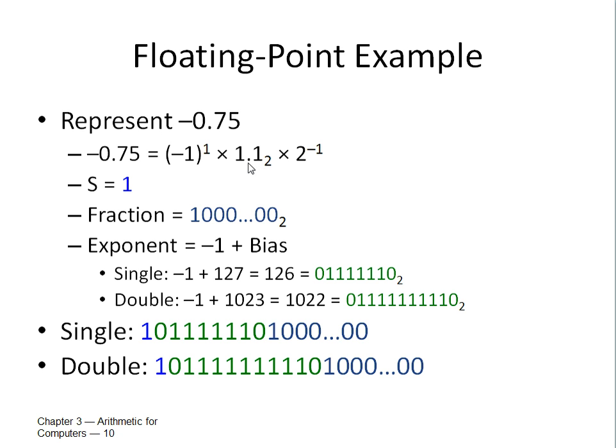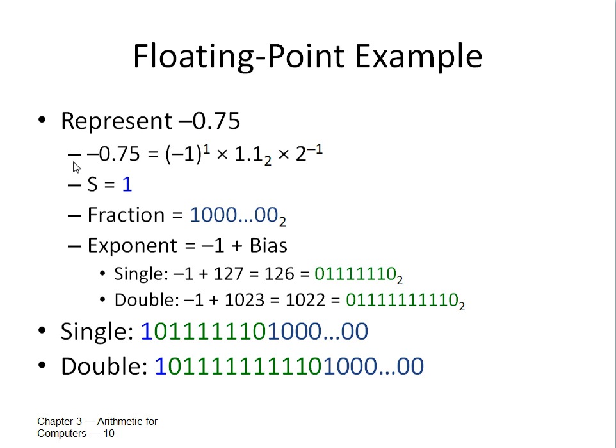Move the radix point over 1, that divides by 2. Multiply by 2 to the minus 1, that also does another division by 2. So this takes 3, move the radix point, becomes 1.5. So you divide by 2. Multiply by 2 to the minus 1, that's another 1/2. So this is readily understandable as 3/4, I believe.